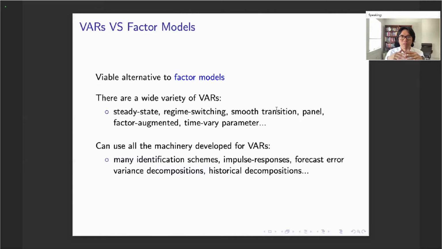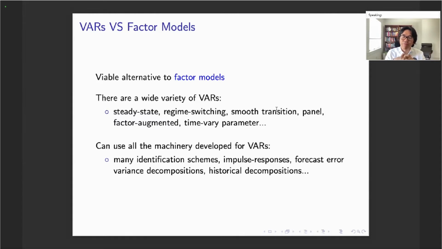There are specific models designed to capture certain types of data features, right? So we have steady state VARs, regime switching VARs, even factor augmented VARs, VARs with time varying parameters, stochastic volatility. So there are lots of varieties you can choose from. So if you use VARs, you can tap into this large resource.